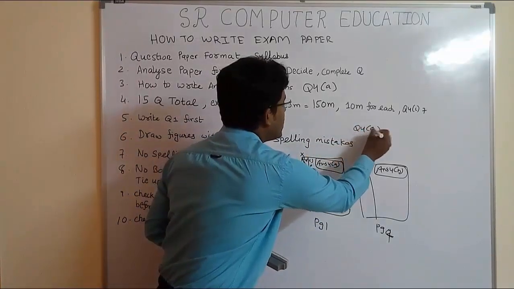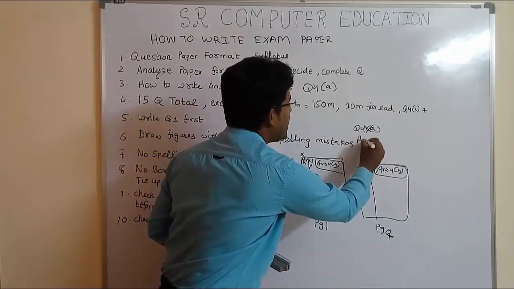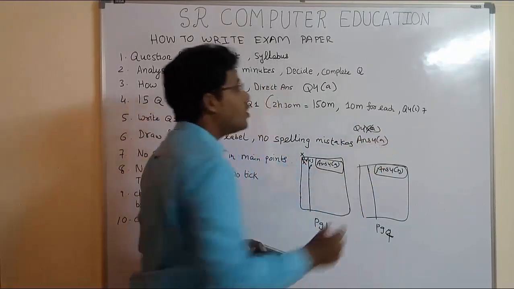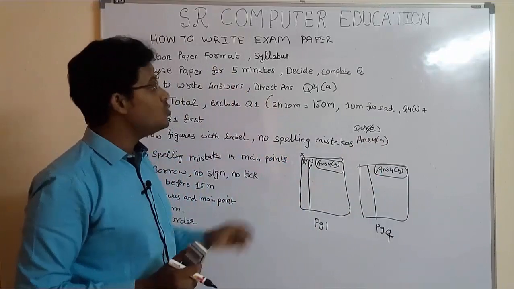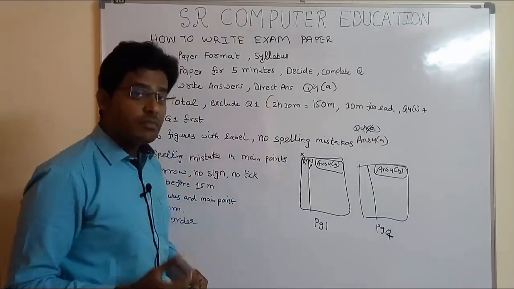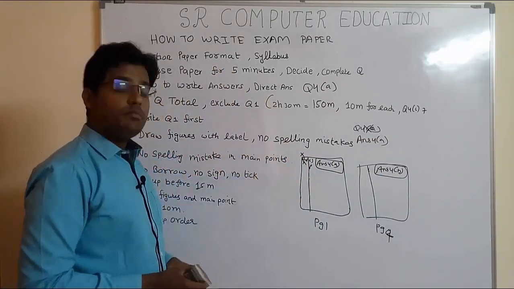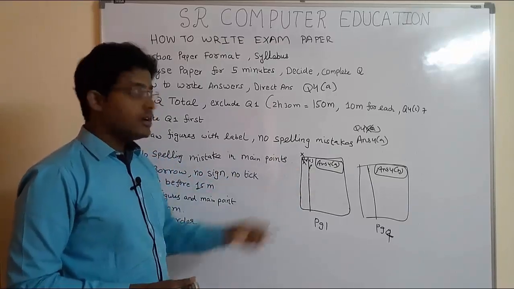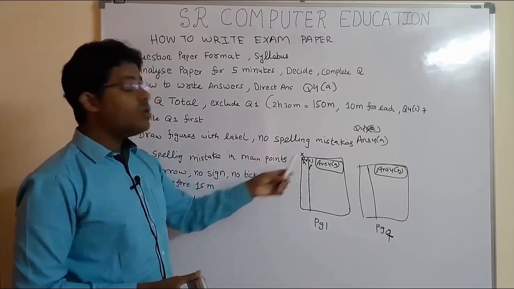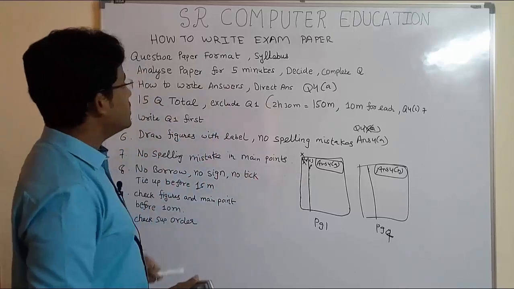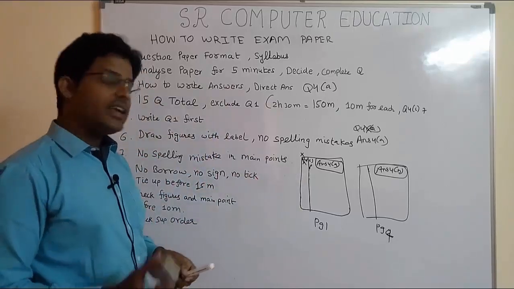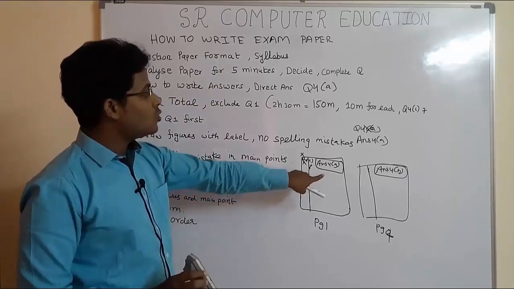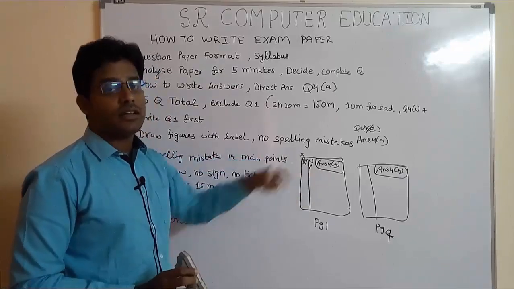There is no need to write question 4a, directly write answer 4a, because you are not writing the question, you are writing the answer. I am very sure this is going to impress an examiner. So follow this technique. Don't write questions. As I discussed in point number 2, directly write the answer and write the answer number in the center of the page.